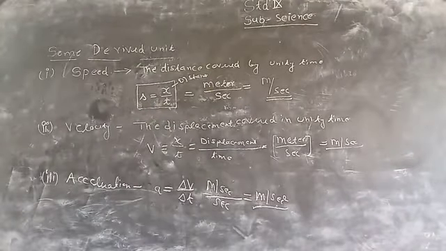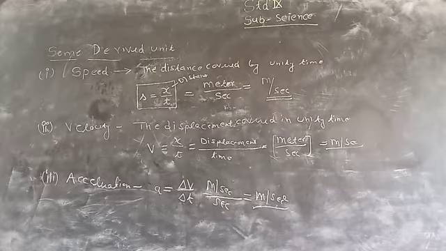Here we see that any quantity that is created by using the fundamental quantities is known as a derived quantity, and these derived quantities totally depend on the fundamental quantities.